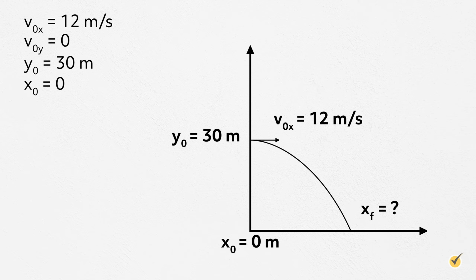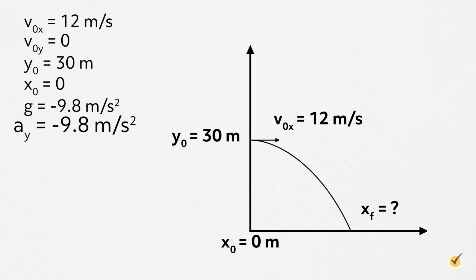As with most projectile motion problems, gravity is the only force we need to worry about. So the only acceleration is g equals negative 9.8 meters per second squared. Remember, this is only in the y direction and only after the ball is over the cliff. So ay equals negative 9.8 meters per second squared, which is 0 in the x direction.